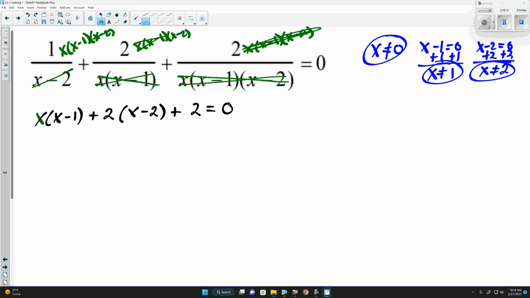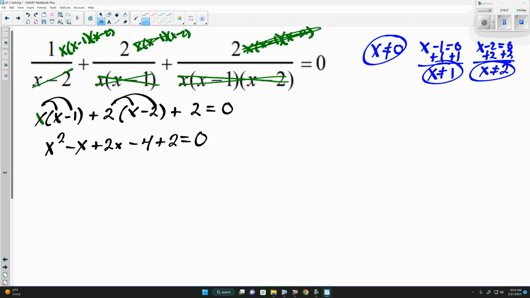This one here, we're going to have a quadratic. And we can see that because our first thing that we're multiplying is x and x minus 1. X times x is x squared. X times negative 1 is negative x. Here we distribute the 2. 2 times x is plus 2x. 2 times negative 2 is negative 4.